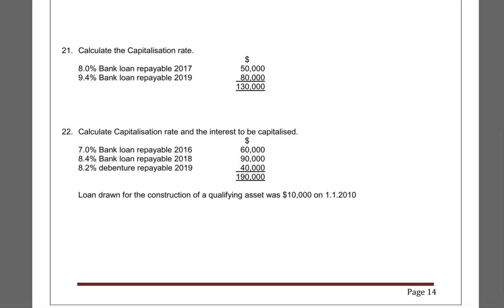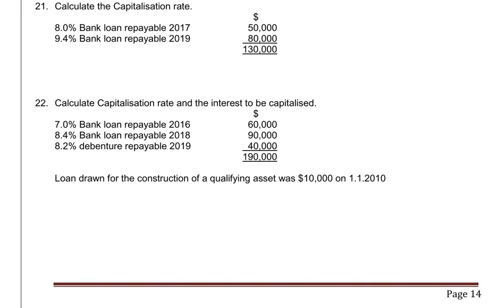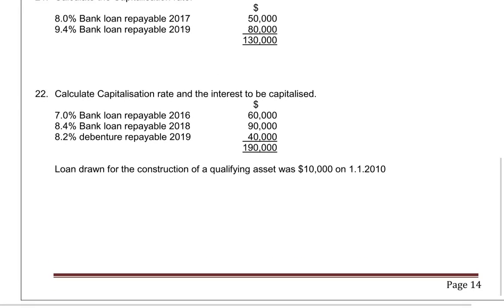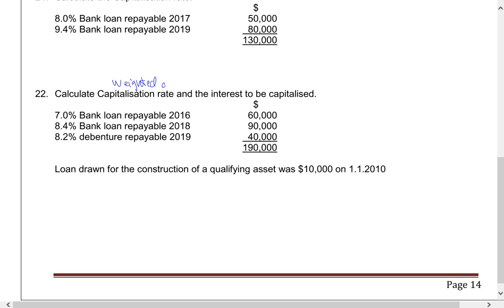Number 22. Calculate the weighted average rate, or the capitalization rate, as well as the interest to be capitalized, if I have these loans of 7, 8.4, 8.2%.